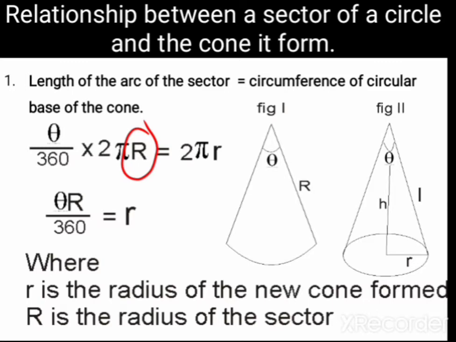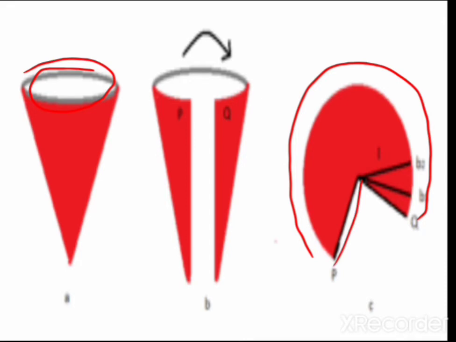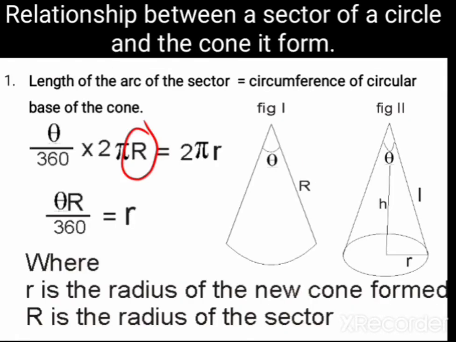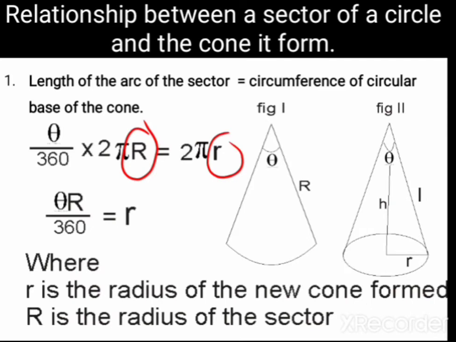This R stands for the radius of this sector, the capital letter R. Then the lowercase r stands for the radius of the cone, which is the line drawn from the center of the cone base to its circumference. So now let's proceed from that relationship.